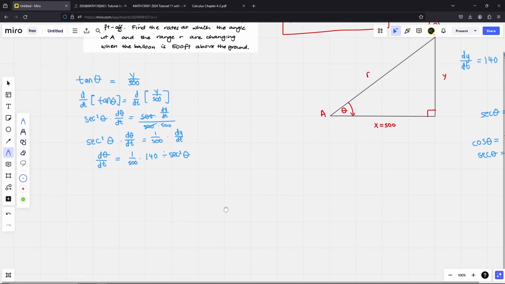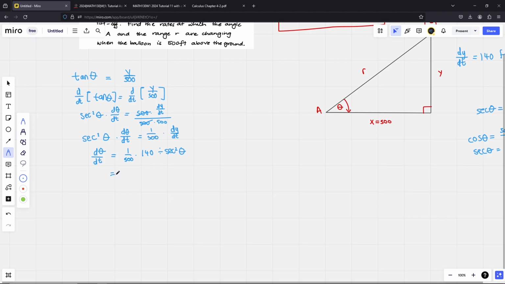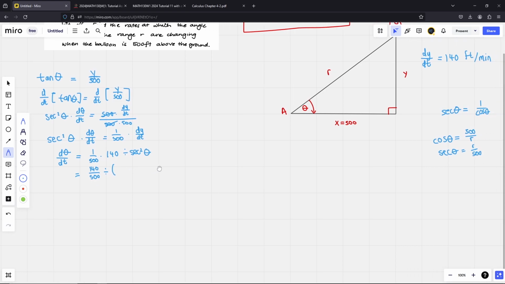So let's sub that in. So that's going to be equal to 140 over 500 divided by, and we said secant is r over 500, all squared.